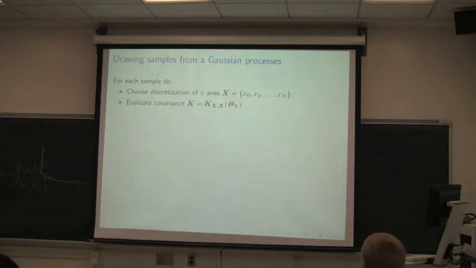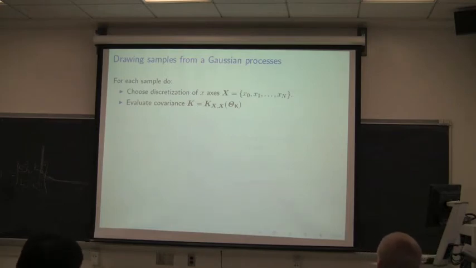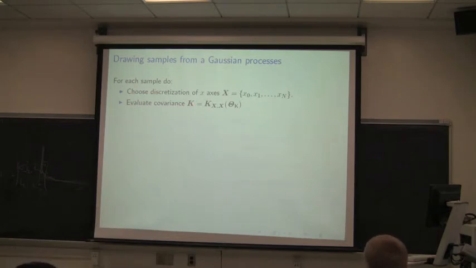So how do we sample? We choose some discretization of the axis, which in this case was linearly spaced, right? And we compute this squared exponential kernel between all the pairs.